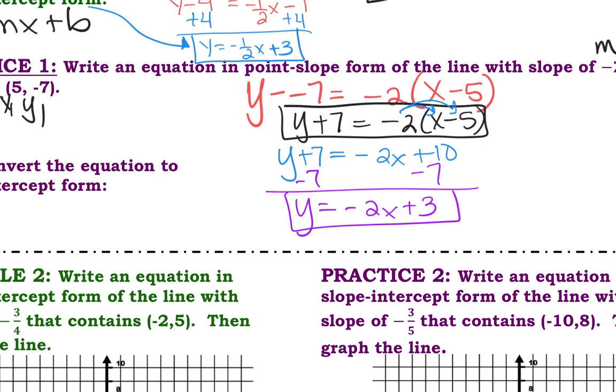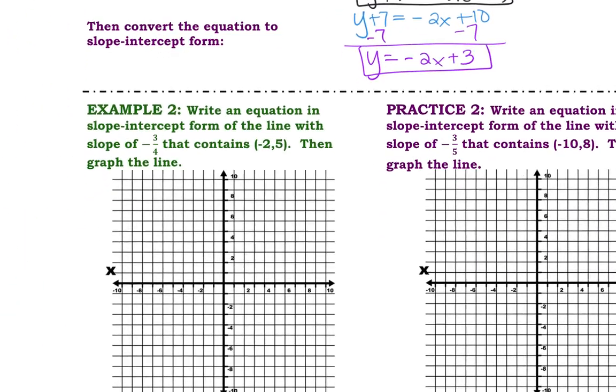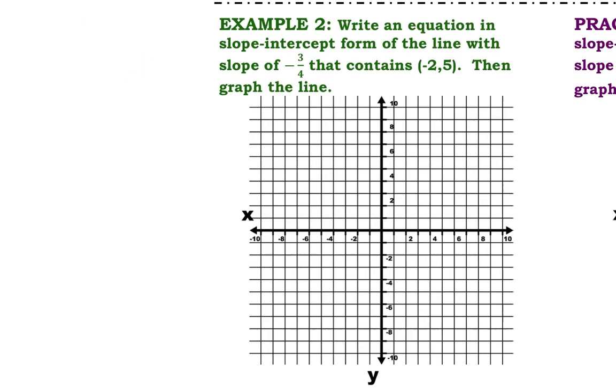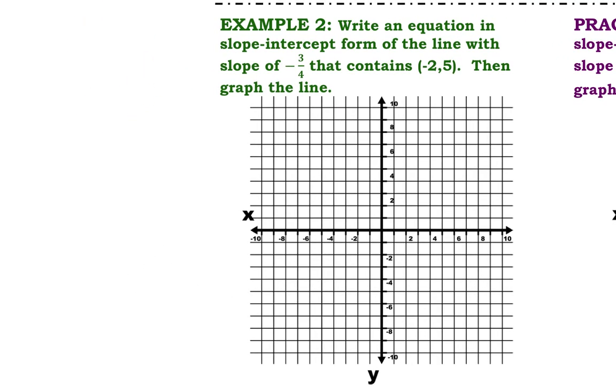We're going to standard form. So the next example, it says write an equation in slope-intercept form, so that's the y equals mx plus b, of a line with the slope of negative 3/4 that contains this point, then graph the line. So it wants you to write an equation in slope-intercept form.